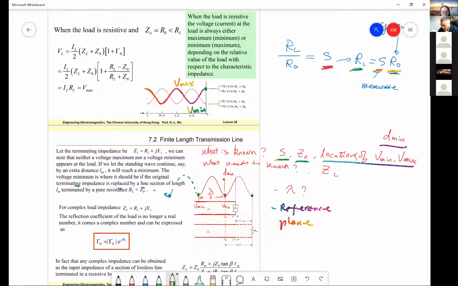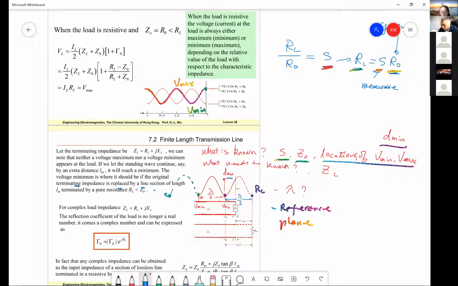But I would like to know this point. If I can find the ZL at this point, because this point is equal to this point, do you agree? If this point is equal to this point, then I can find it, because this distance is known, this distance is a half wavelength.